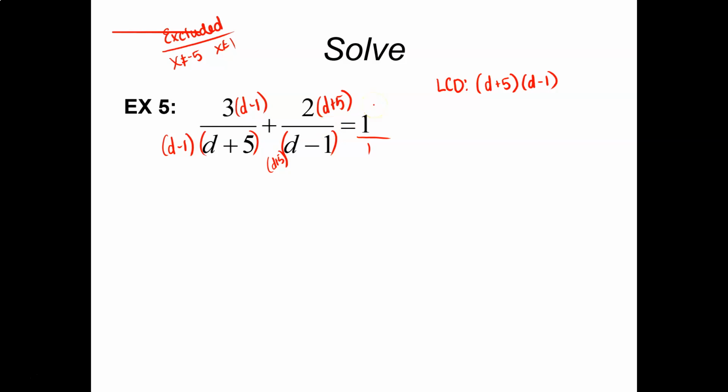And then, let's see, Raven, what about the last one? What do we need to add there? Good. D plus 5 and D minus 1.